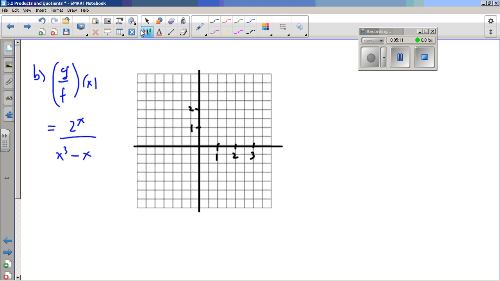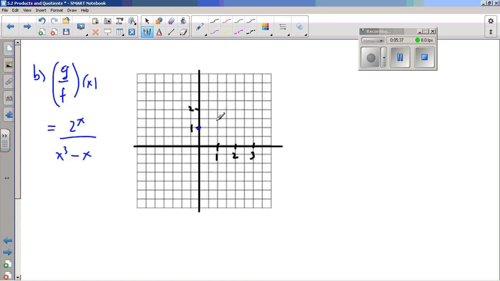How am I going to do this? Well, I think what I'll do is I'm going to try to start. Now, did I make the? No, that's right. Okay. I'm going to start by graphing the pieces, right? I'll graph the pieces and then put it together by dividing, because that seemed to work okay for sums and differences.